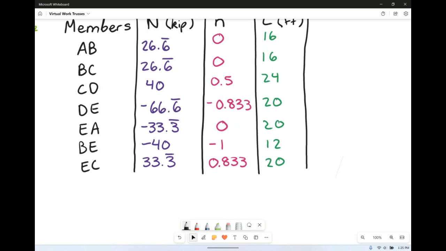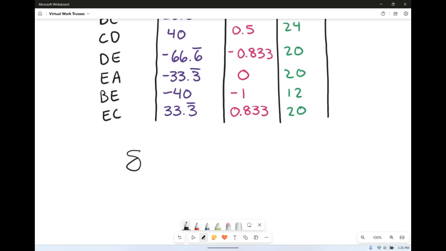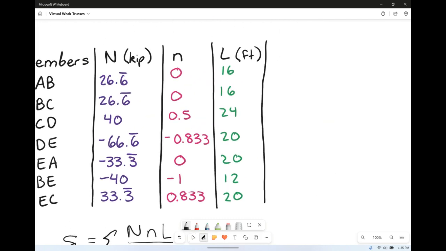Next, what we're going to do is recall that our deflection equation is the sum of big N times little n times L over AE. Very similar to PL over AE. We're not summing yet. We're going to multiply N times L, just going row by row all the way over.